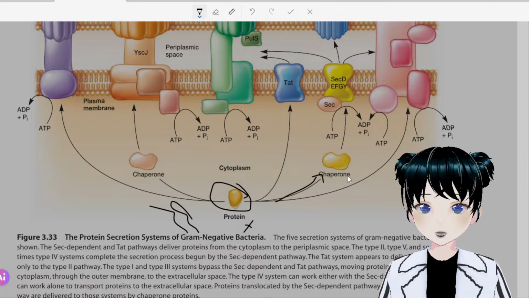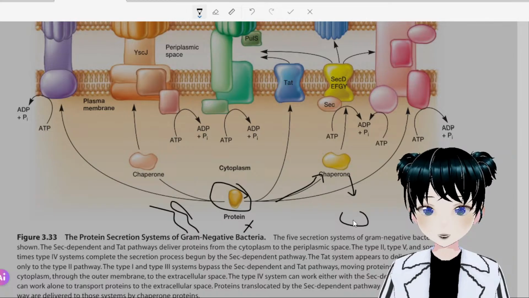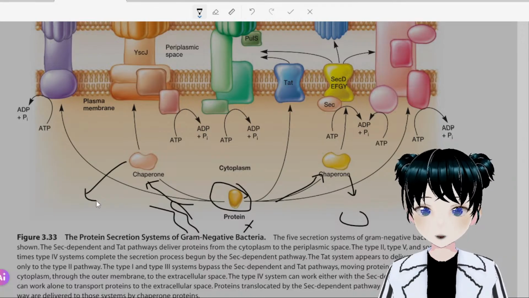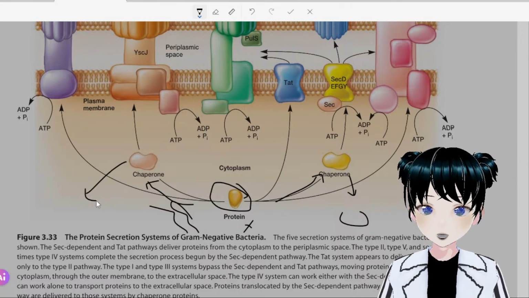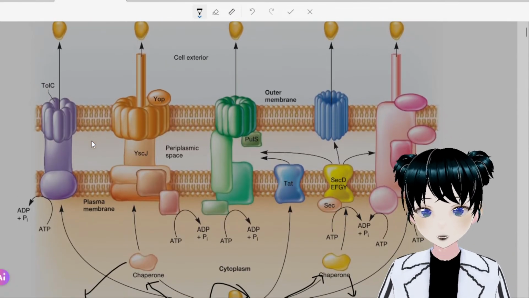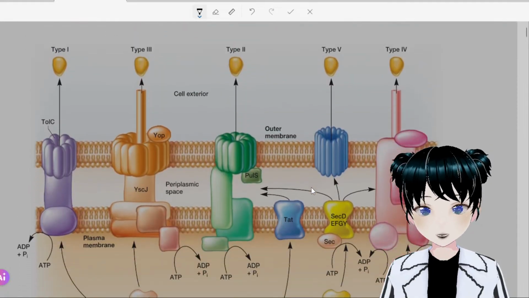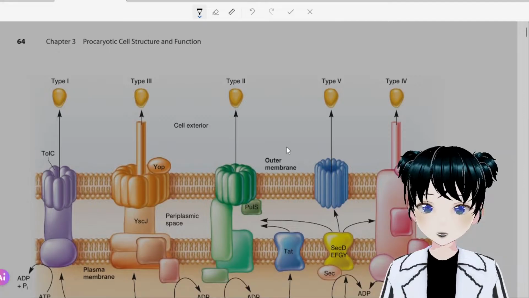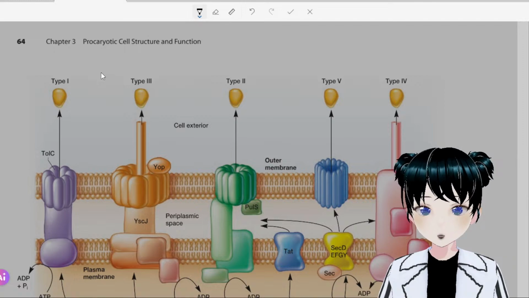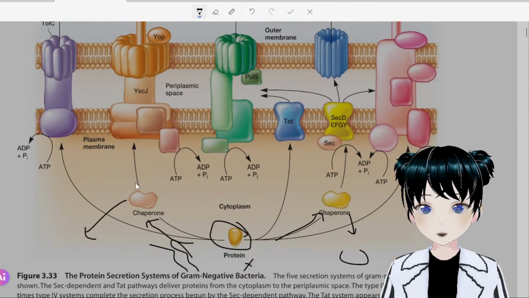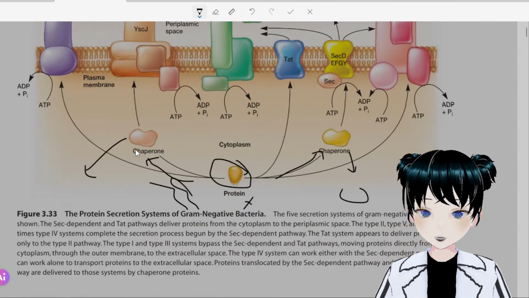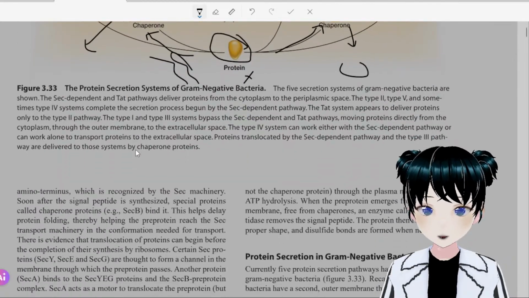One chaperone protein keeps it in the unfolded, immature form, while another type of chaperone protein lets it mature in the cytoplasm, in a protective way. So I think type 1 and type 3 secrete directly matured proteins, while type 2 and type 5 only transport the immature one. No, I think they don't. Wait. I think only the type 3 one transports the folded one. Well, I guess I'll have to search it later. We will search it in the end.